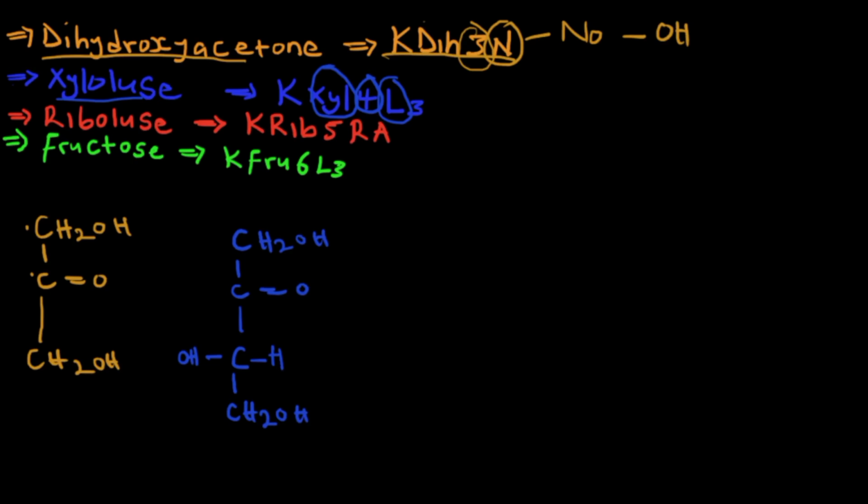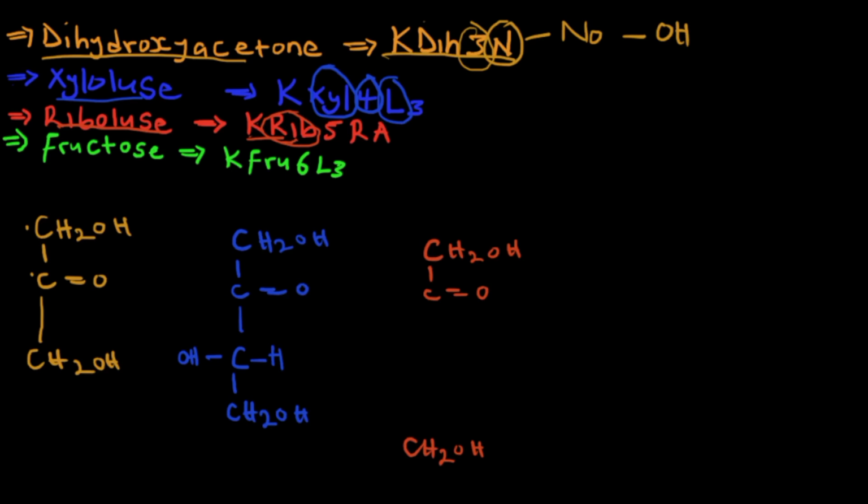So the next one is ribulose, and this is the code for ribulose. I have K here, then the first thing that comes to my mind is CH2OH bonded to this carbonyl carbon, and the last carbon is always something like this. Then RIB shows me that I'm writing for ribulose. It's almost similar to ribose. When I have A-RIB, I know it is ribose, and K-RIB I know is the ketose ribulose.